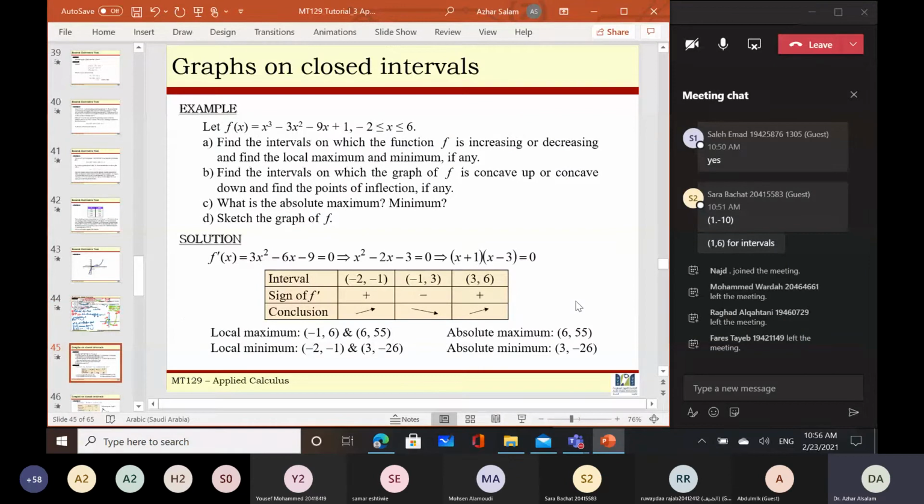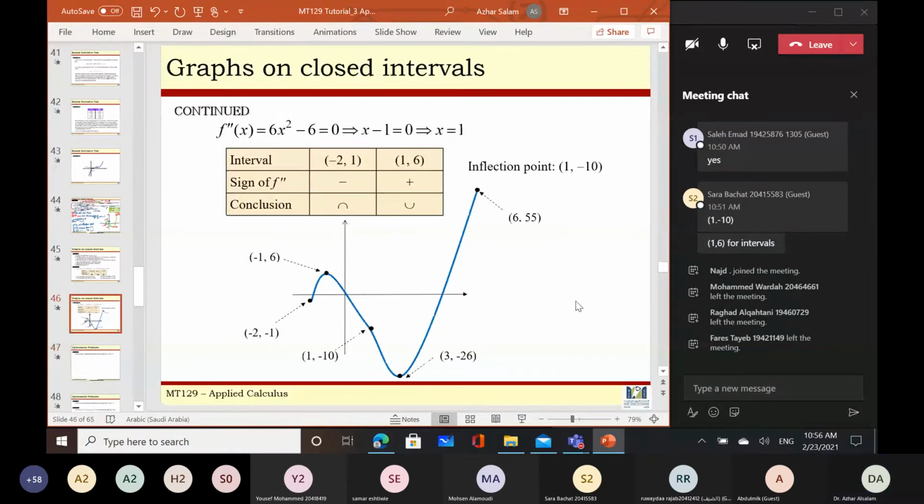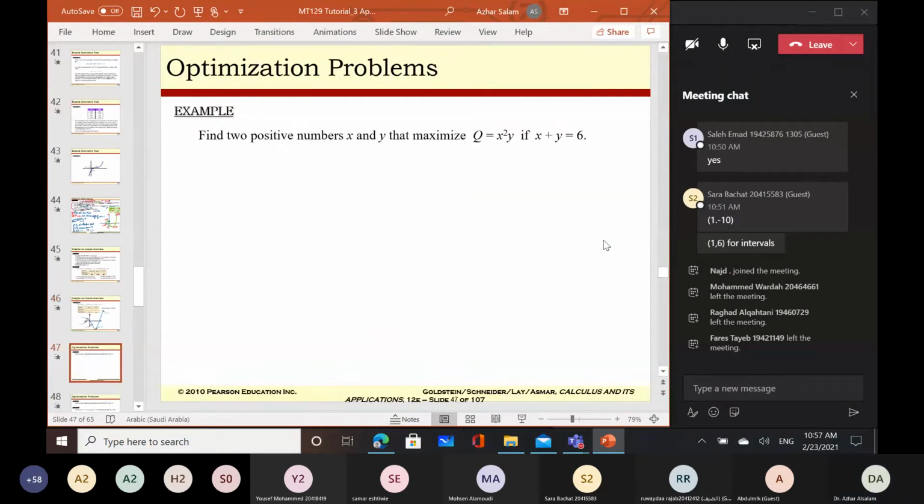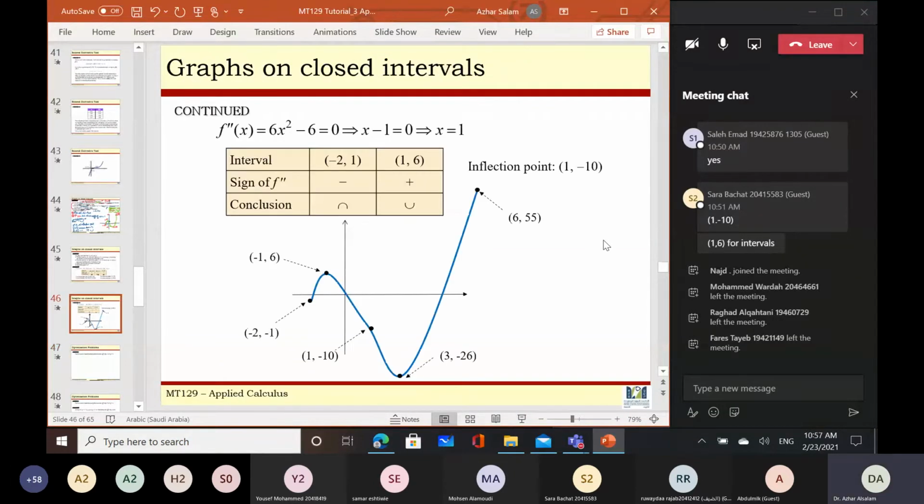Now let's check that our graph is similar to what we sketched. This is the endpoint, and this is the local maximum, absolute maximum, and this is the minimum, which was also the absolute minimum. Okay, now we have finished the example of sketching the graph.